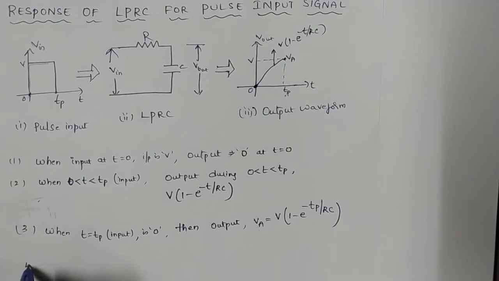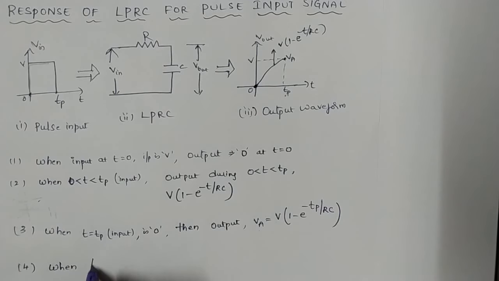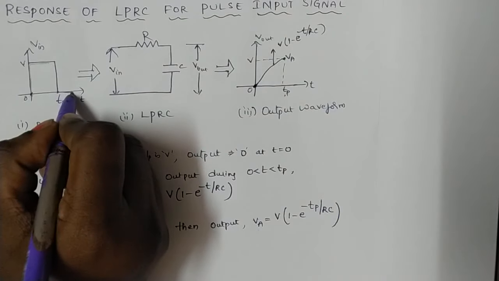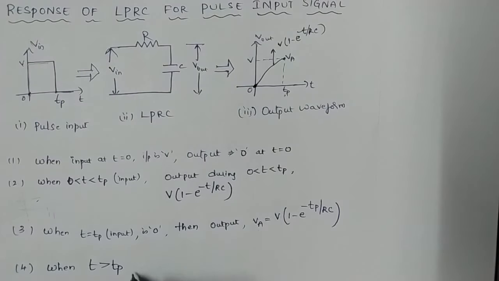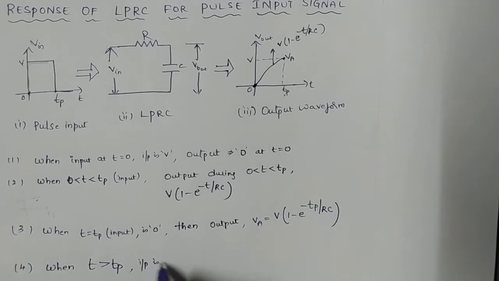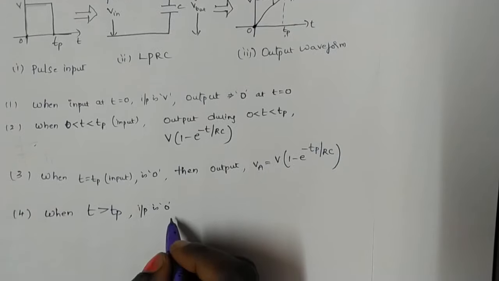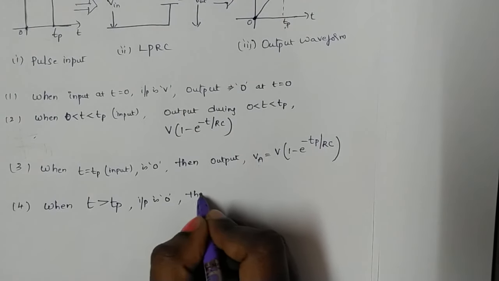Now the fourth condition, when t is greater than tp, the input is 0 volts. How will the output be represented?